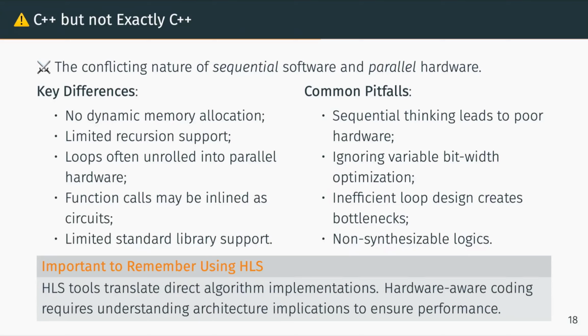And there are also common pitfalls. If we write high-level synthesis code in a sequential thinking mode, it can sometimes lead to poor hardware because data dependency really matters. If every step in your code depends on the previous step, the high-level synthesis tool can't really transform the code into hardware that runs in parallel.